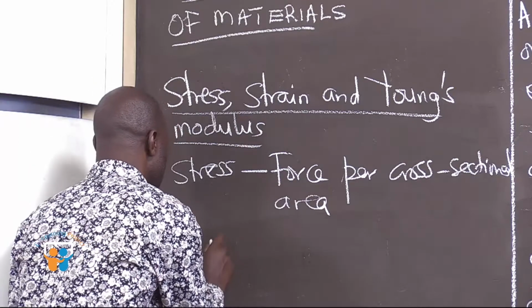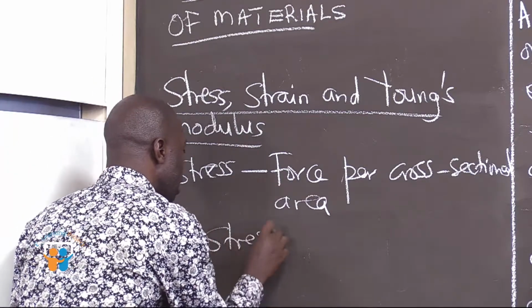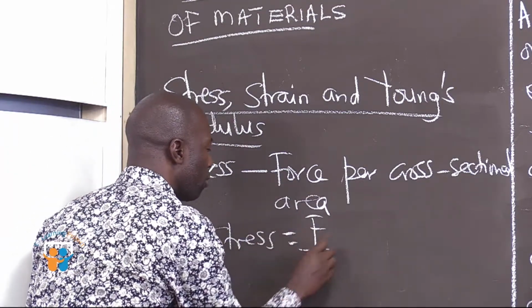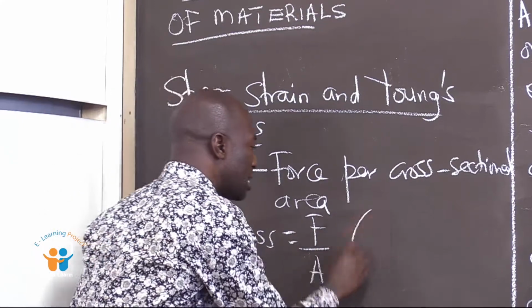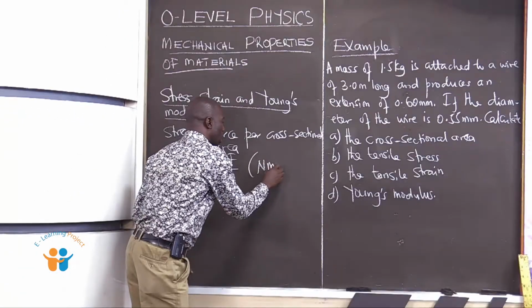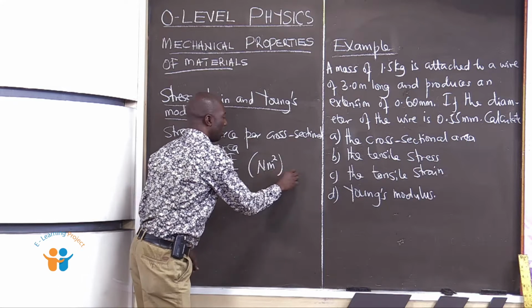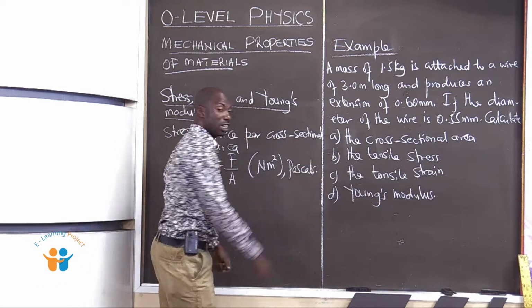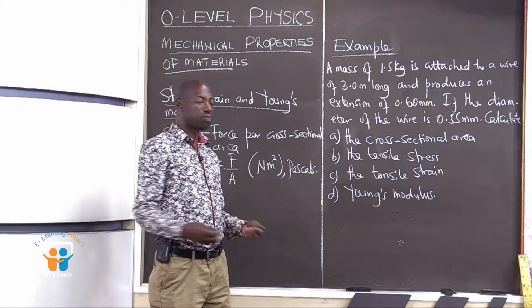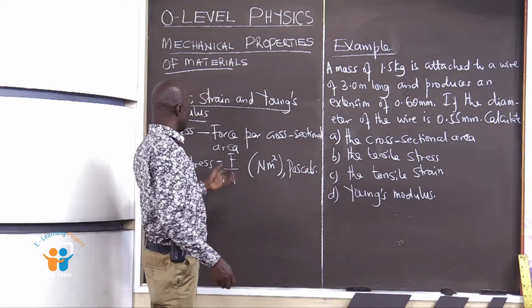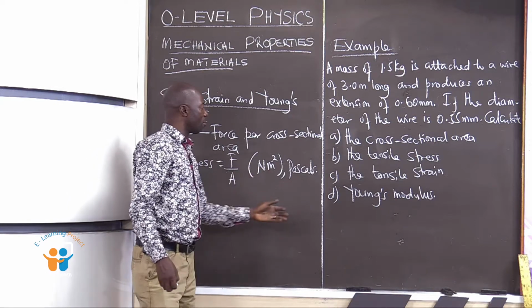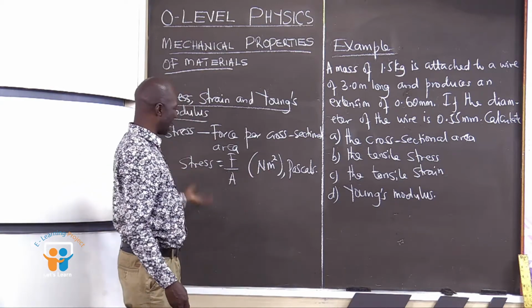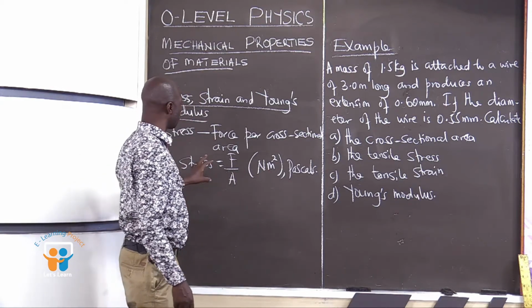So stress is equal to force over area. Our units are newtons per meter squared, or pascals. Students, remember another unit for pressure is pascals. So they share the units, but the definition may not be exactly the same, though there's a lot of relationship between stress and pressure.